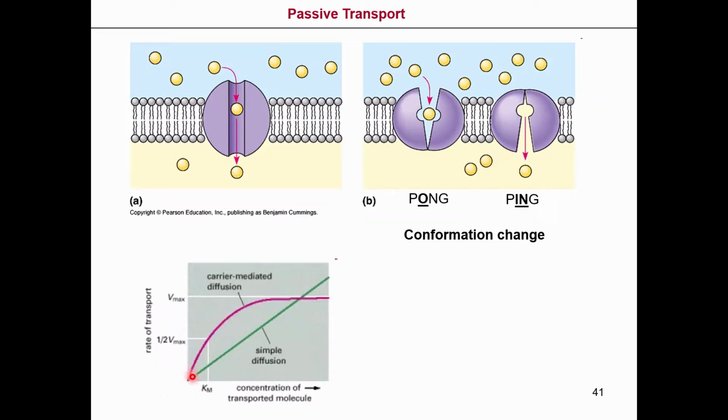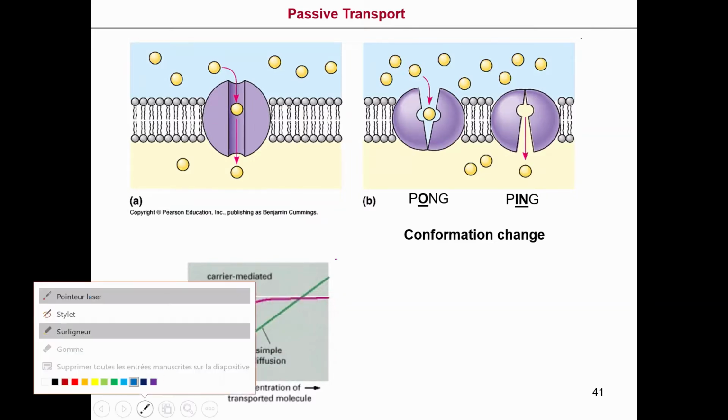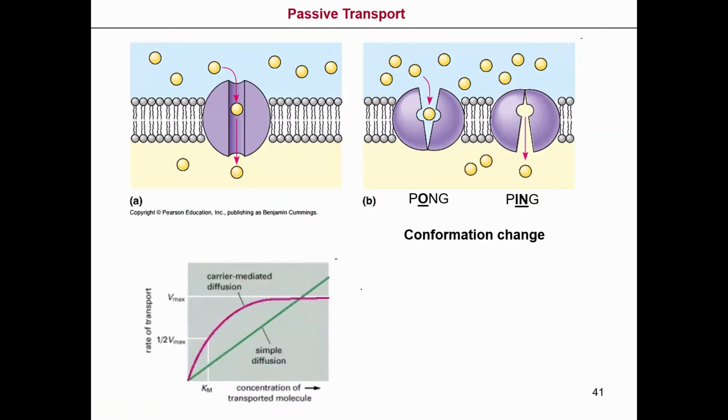We can measure the rate of transport against the concentration of the transported molecule, and we have this kind of curve. It's like an enzymatic curve, you probably know that. It's a Michaelis-Menten like curve.